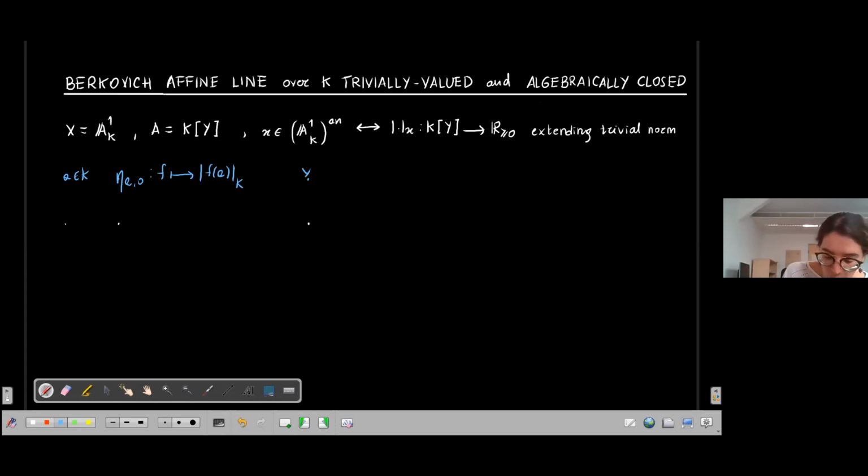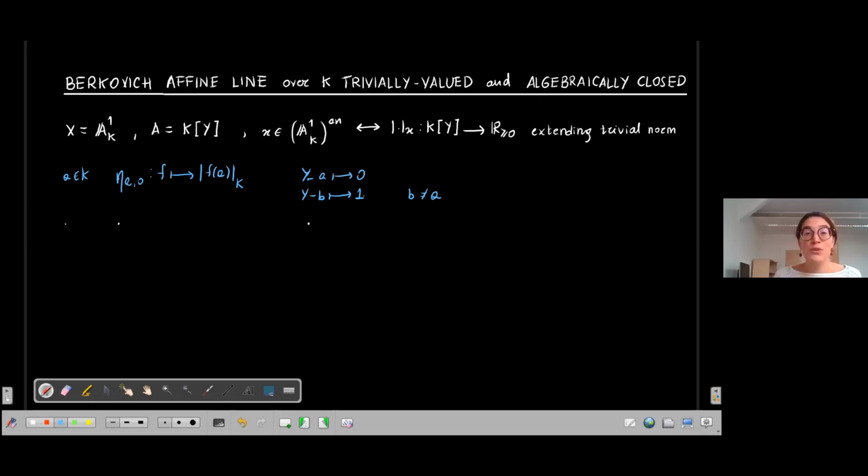For instance, if we take y minus a, we evaluate and get a minus a, which is 0. In the trivial norm, 0 goes to 0. While if we take y minus b, then this is sent to a minus b, and as long as b is different from a, then a minus b is an element different from 0. For the trivial norm, this has value 1. Okay, I think this answers the question that was asked in the chat.